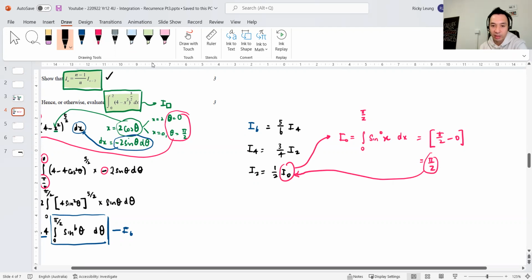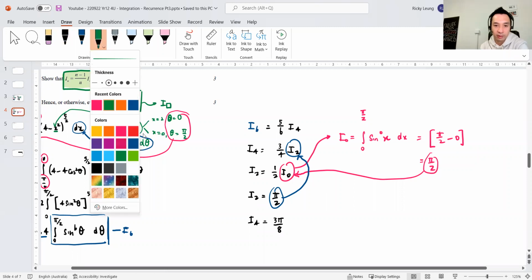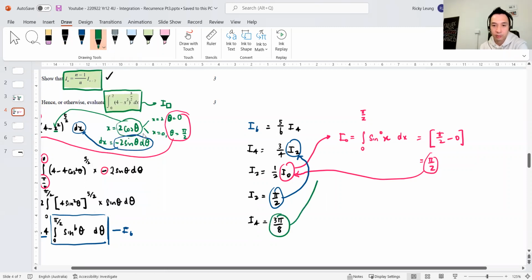Once that goes in, I2 equals pi on 4. And then once that's done, backwards populate that. I4 would be 3 on 4 times pi on 4, or 3 pi on 16. And then backwards populate that up here.